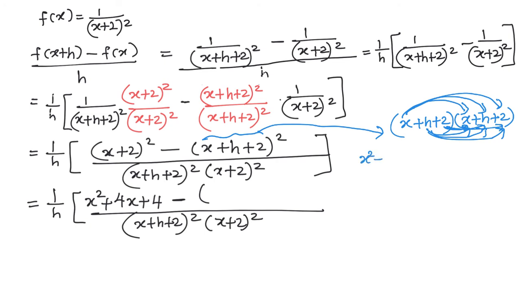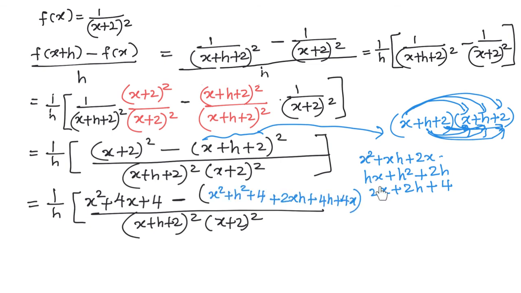So x square plus xh plus 2x. Then I have hx plus h square plus 2h. Then 2x plus 2h plus 4. I can add these two, that makes it 4x. And this is 4h. This is 2xh. So that simplified form I have written here. That is the expansion of this one.